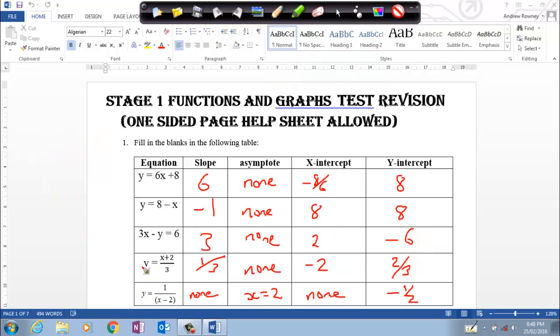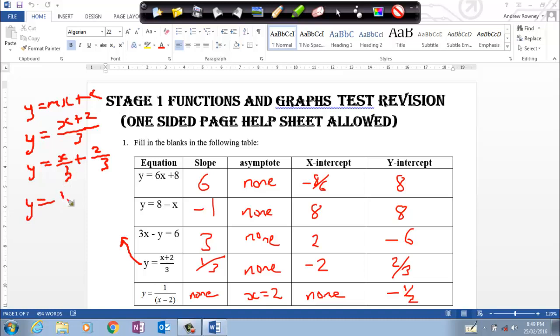The next one here is a fraction. Once again, we need to get it in y equals mx plus c format. Now, fractions mean that when you divide x plus 2 by 3, that's the same as the first term divided by 3 and the second term divided by 3.